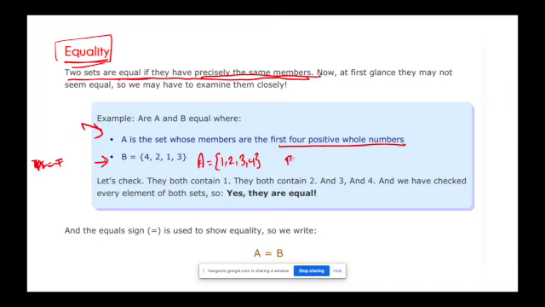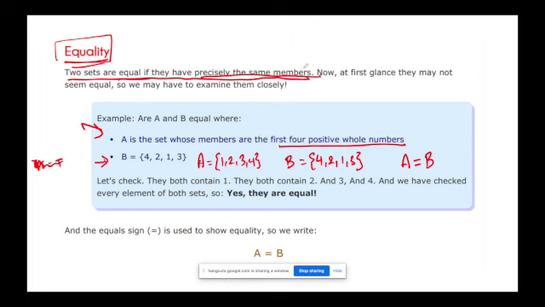The set B is 4, 2, 1, 3. And we could see here that the set A is equal to the set B. Yes, they are the same set.